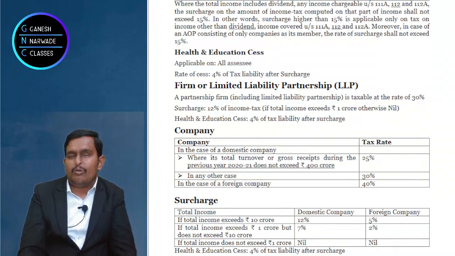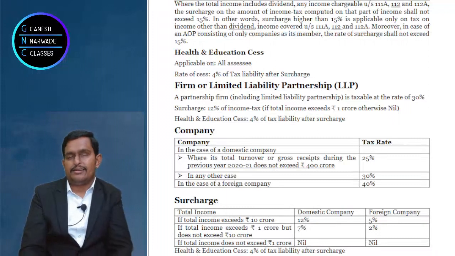Now what is 4% on? After adding surcharge, whatever tax amount comes, into 4% will be health and education cess. Once you add 4% health and education cess, you will get final tax payable. This is how it is done.